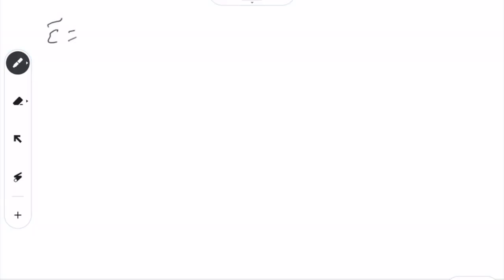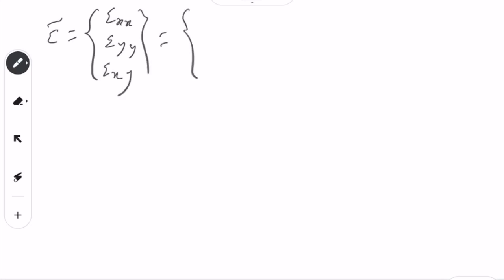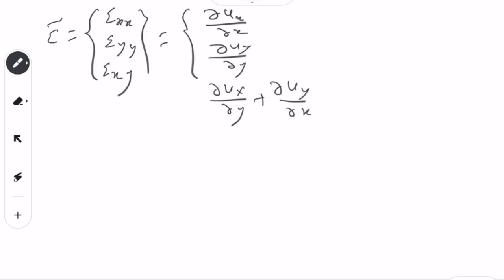This strain we also know as epsilon xx, epsilon yy and epsilon xy, which is equal to del ux over del x, del uy over del y and del ux over del y plus del uy over del x. This we know already or we can also derive.